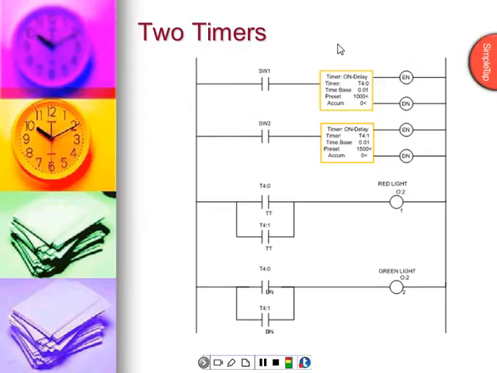Okay, so this is 2 timers together. It's just 2 timers in the same circuit. They are not working simultaneously. Okay, so I throw switch 1.